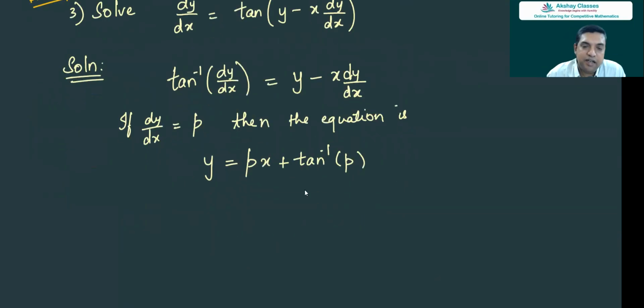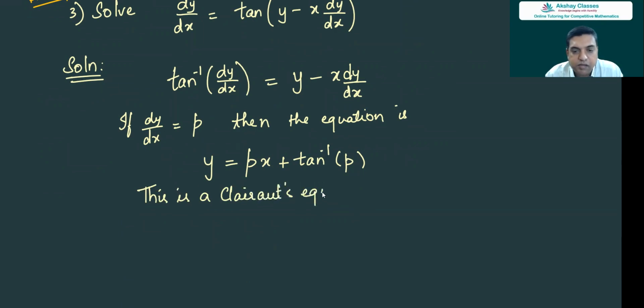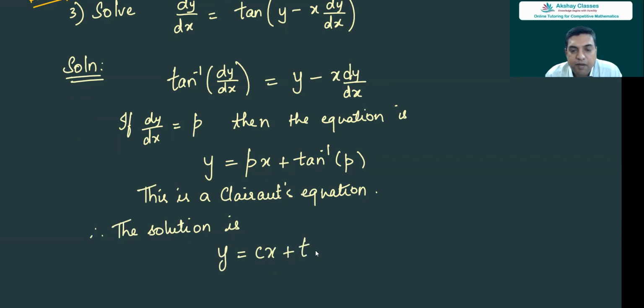Now this is a Clairaut's equation. Correct? Because it's of the form y is equal to px plus f of p. Therefore, the solution is, don't have to do anything, replace p by c. This is the solution of this differential equation.